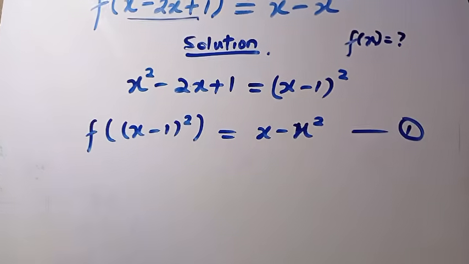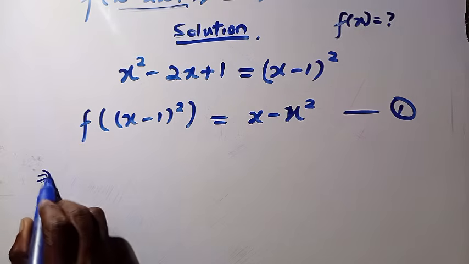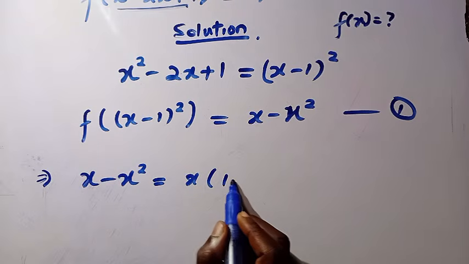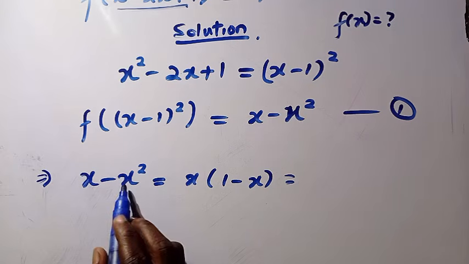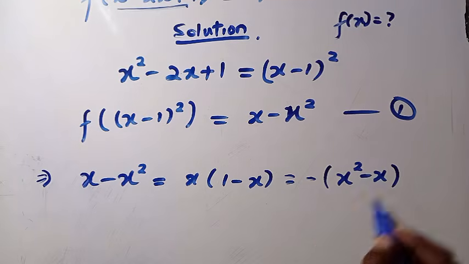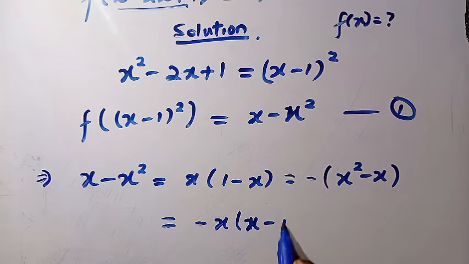Looking at the second step, let's try to factor the right hand side, which is x minus x squared. If I factor it, we have x minus x squared equals x into bracket of 1 minus x. And this is still the same thing as, if I start with x squared, I can take out negative and we have x squared minus x, which the whole of this gives us minus x into bracket of x minus 1.